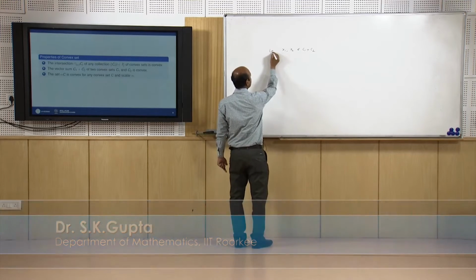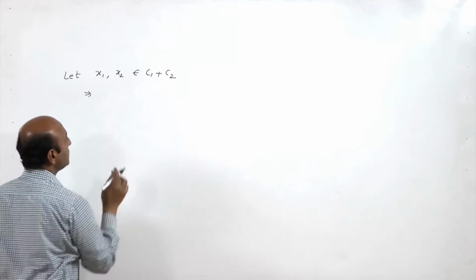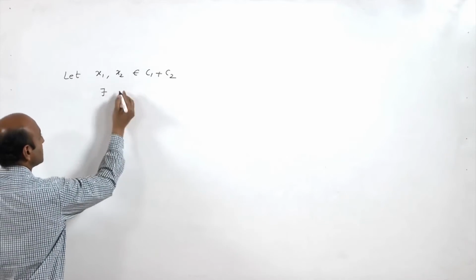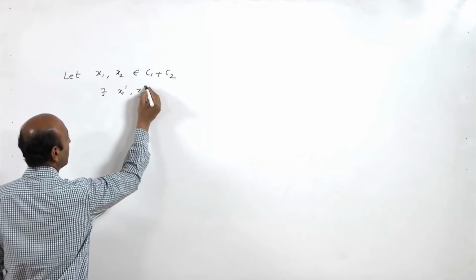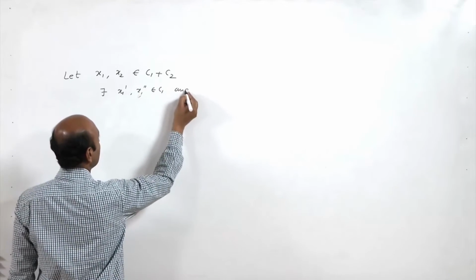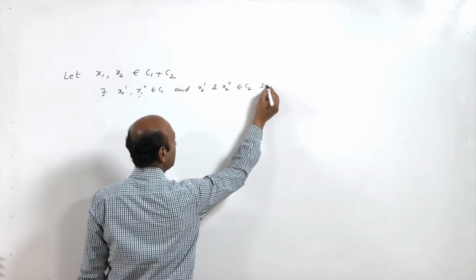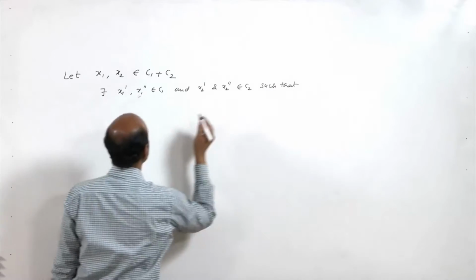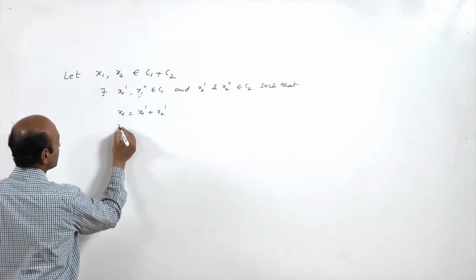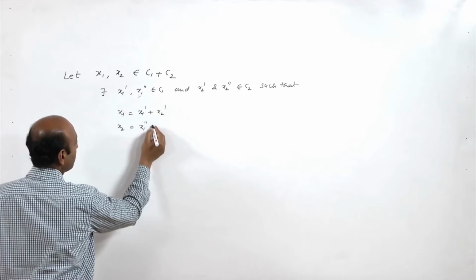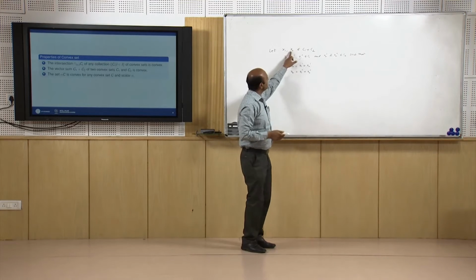Since x1 is in C1 plus C2, this means there exist some x1' and x1'' in C1 and x2' and x2'' in C2, such that x1 equals x1' plus x2' and x2 equals x1'' plus x2'', because these are in C1 plus C2.